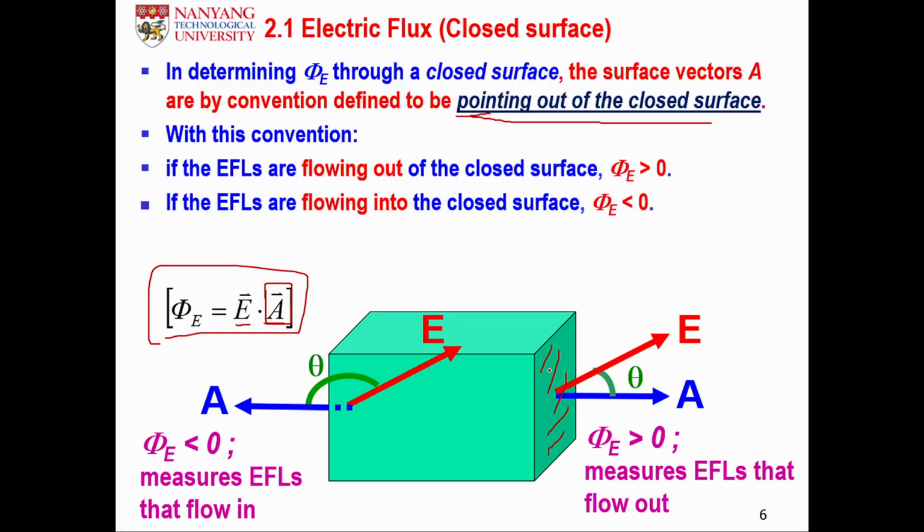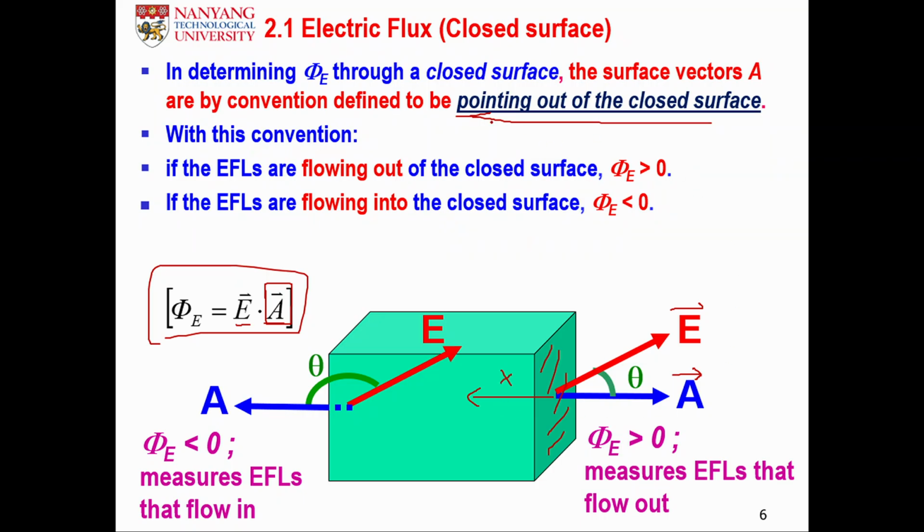The entire cube can be considered a closed surface, right? So if we are looking at this one, of course, this E is constant. Then for this surface, you can only define A in this direction. You cannot define it in this direction. This is wrong.